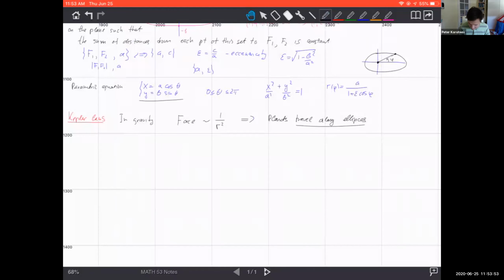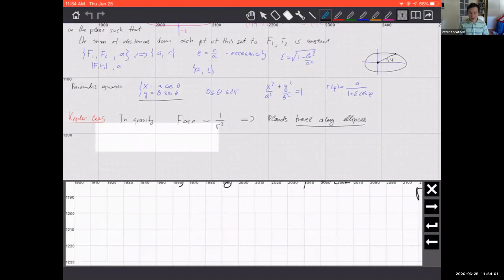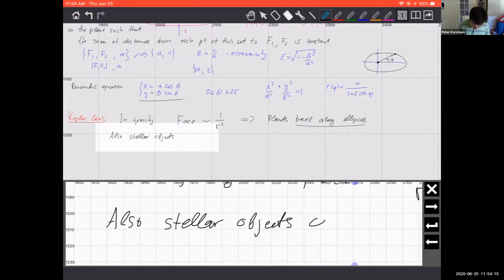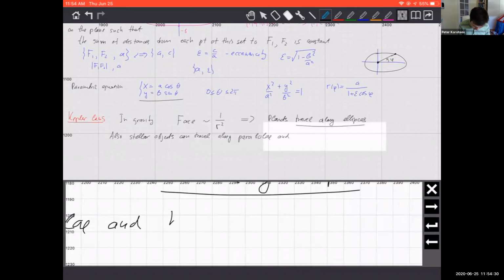So planets travel along ellipses, but other objects that fly faster than the escape velocity can also travel along parabolae and hyperbolae.